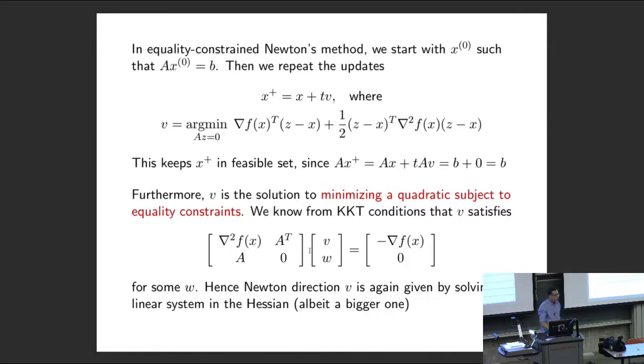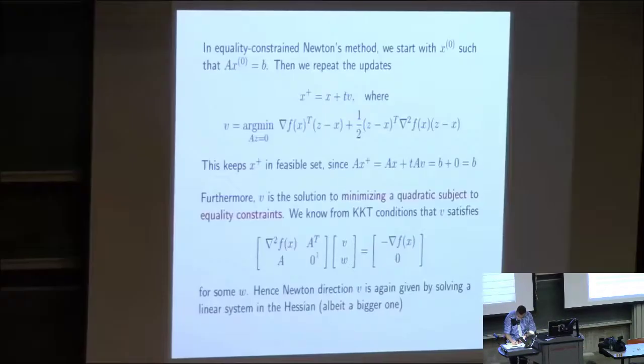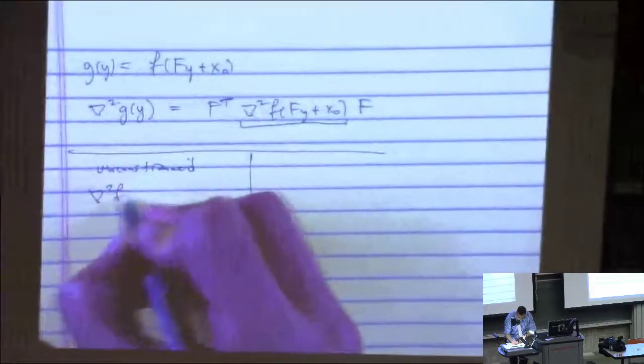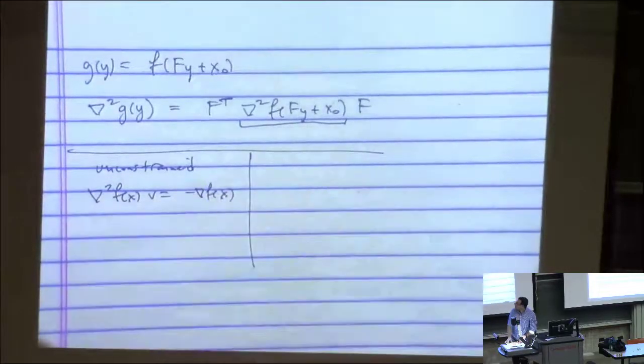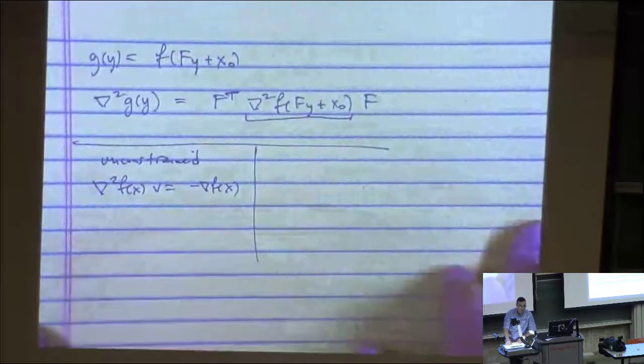We often call this the KKT matrix associated with this problem. Go back to those slides if you are fuzzy on how we got this. The solution to this problem is determined by solving this linear system, and it's just a little bit bigger than the unconstrained Newton system. For unconstrained Newton, we have to solve this system: Hessian times some direction v is equal to negative gradient.